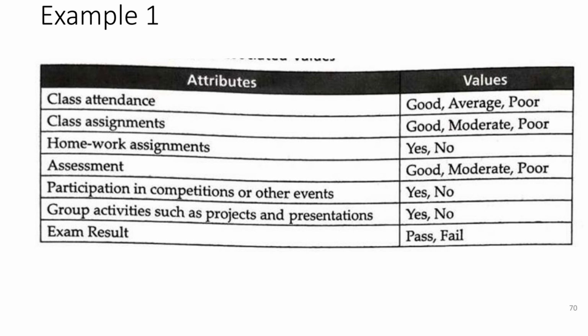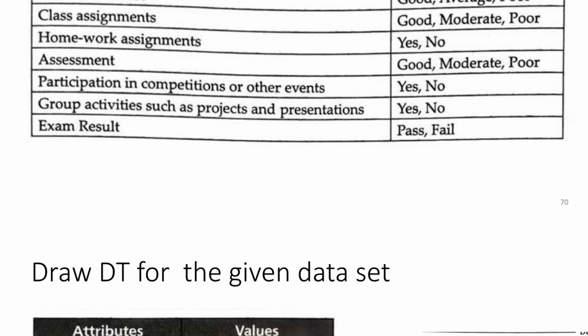Assessment is good, moderate or poor. Participation in competitions or other events may be yes or no. Group activities such as projects and presentations, yes or no. Then the exam result. Based on this, you will be deciding the exam result, pass or fail.